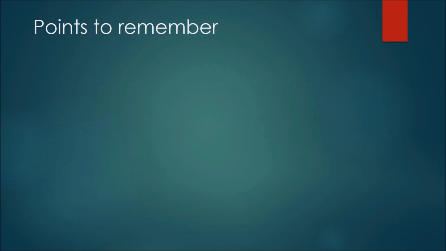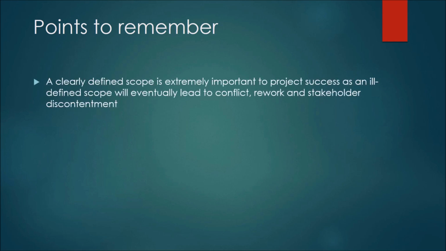Now, there are certain points that you should always remember about the define scope process. Like I said, this is a short and brief introduction. We are definitely going to have more videos on define scope, wherein we'll cover the inputs, outputs, tools, and techniques, and whatnot. So the first point to remember is that a clearly defined scope is extremely important to project success. An ill-defined scope will eventually lead to conflicts, rework, and stakeholder discontentment.